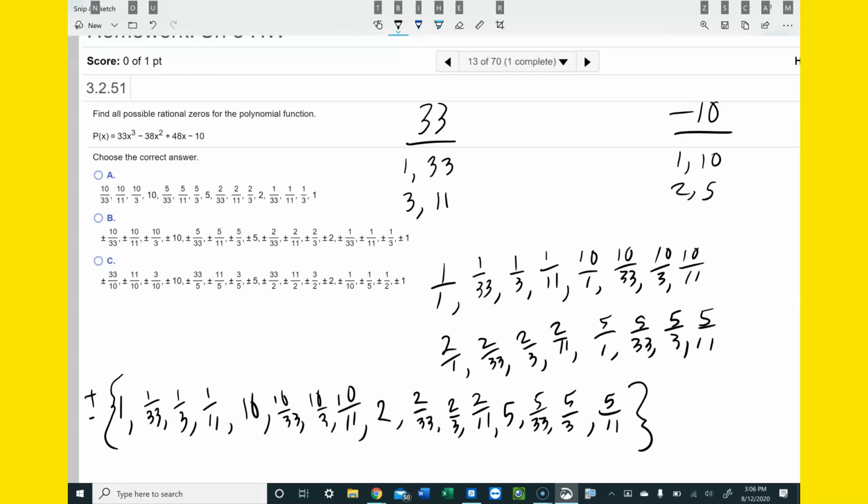B looks really good. C is wrong. C's basically got them all flipped. It put all of the factors of 33 over all the factors of 10 instead of the way it should have been, which is the factors of 10 over the factors of 33. So B is the right answer there.